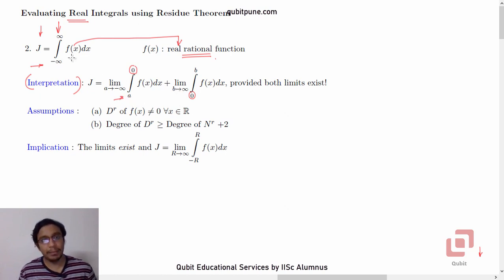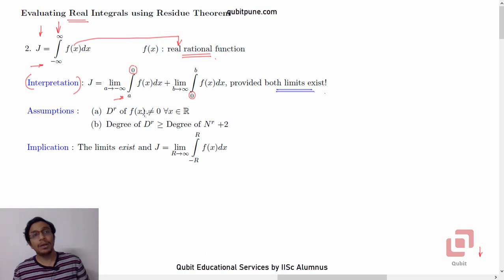And the same thing applies to the upper limit. So you may write it as integral f(x) dx from 0 to b as b tends to infinity. And these two integrals will exist provided both the limits exist. So this is how we interpret this particular integral.